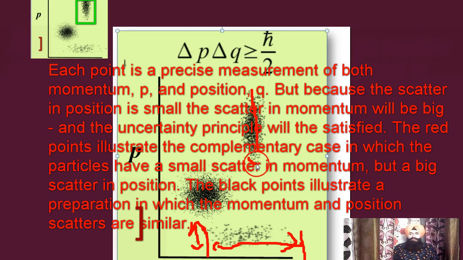Here we are quite certain about the position when delta x is small, but here delta P becomes very large. So if delta Q decreases, delta P increases. So this is what the Heisenberg uncertainty principle says.